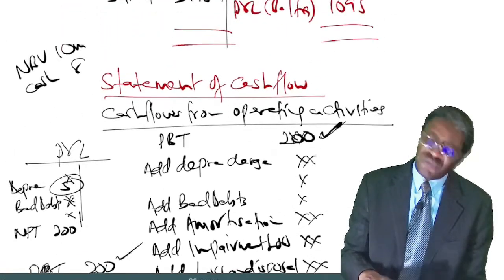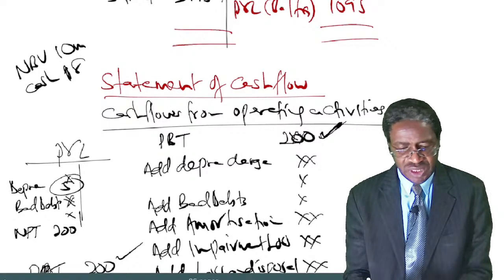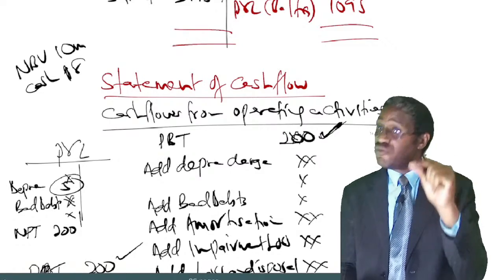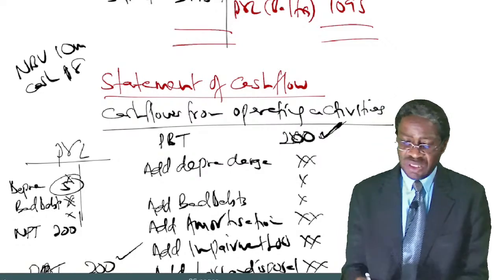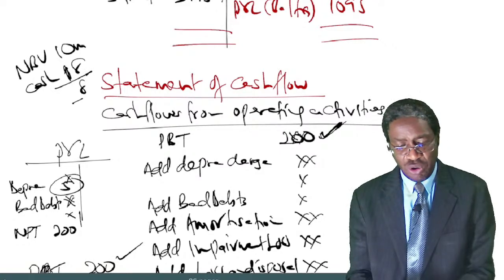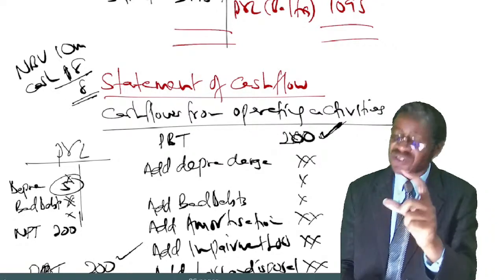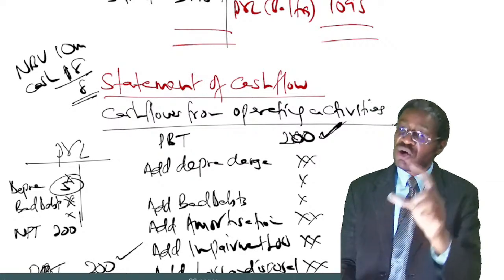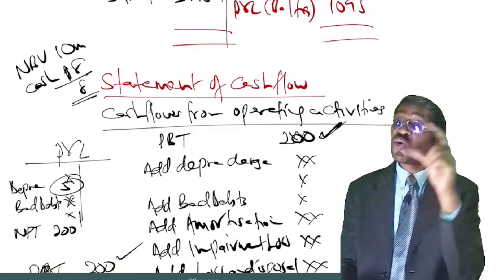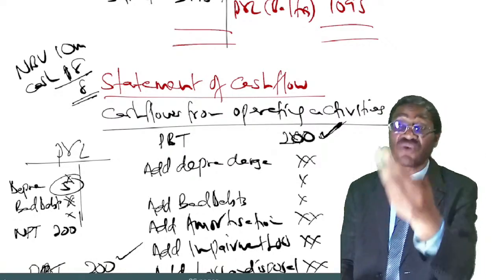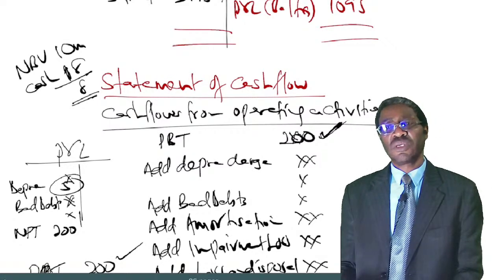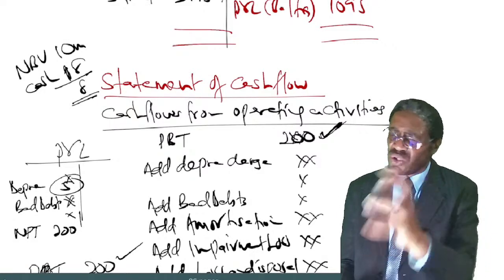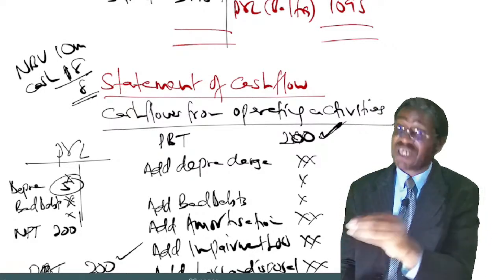If you sold that motor vehicle for 18 million, you had a motor vehicle which had a book value of 10, you sold it for 18 million. That means you made a profit on disposal of 8 million. That profit on disposal, you credited your P&L account. In other words, you added it to the gross profit. You know that. But did we receive the 8? No. 8 was just the non-cash item that went to the P&L account.